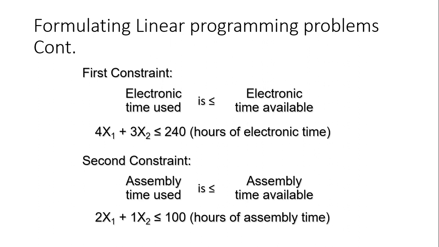The second constraint: you have 2 working hours to assemble X1 and only 1 working hour to assemble X2. Both cannot exceed 100 hours of assembly time, and again we use less than or equal for maximizing profit.